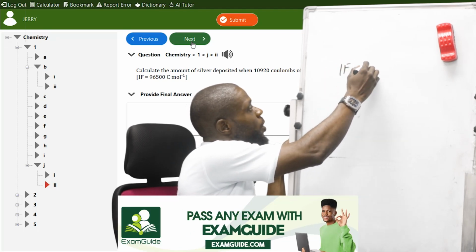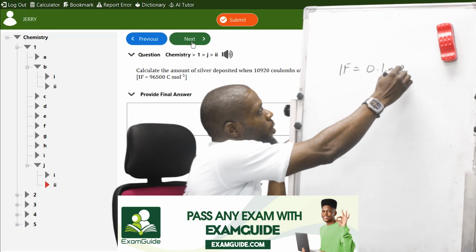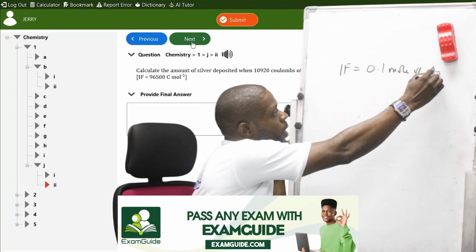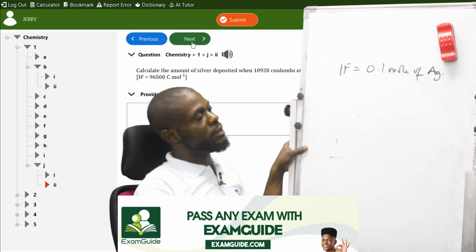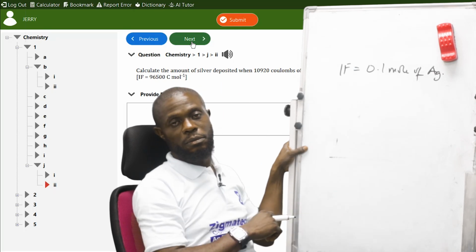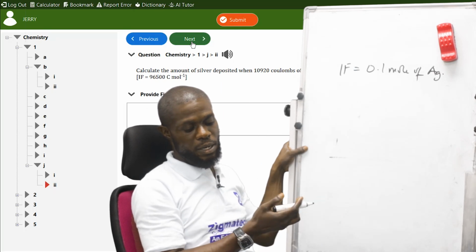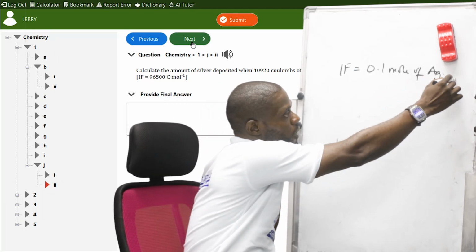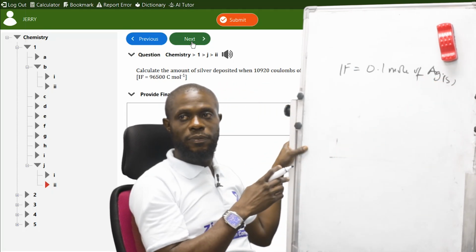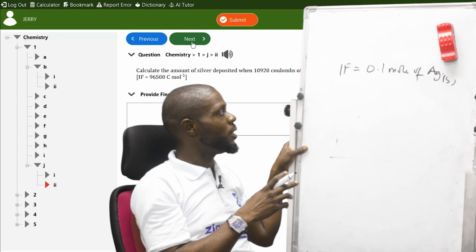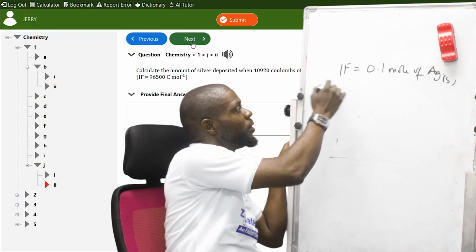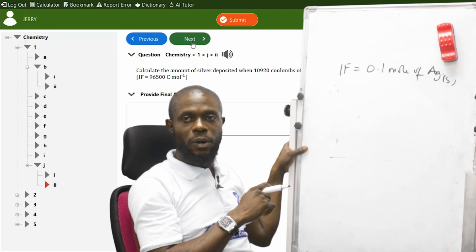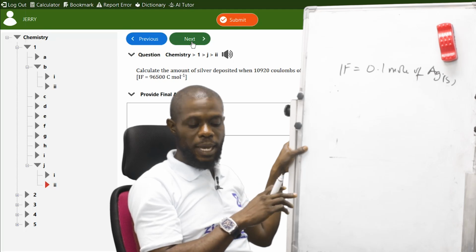It might be silver chloride, it might be any silver salt. So they said calculate the amount of silver deposited.